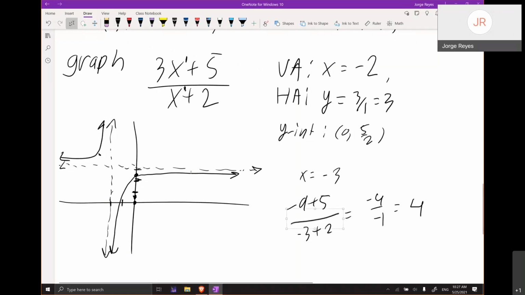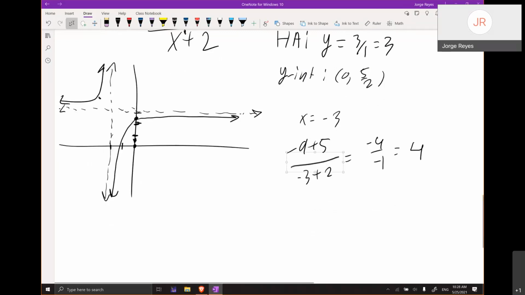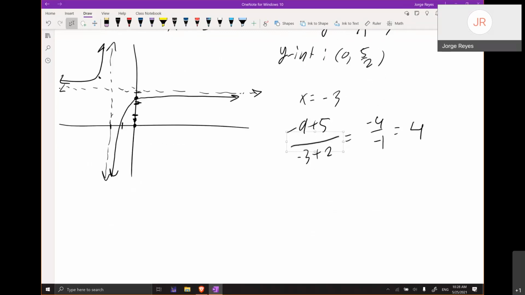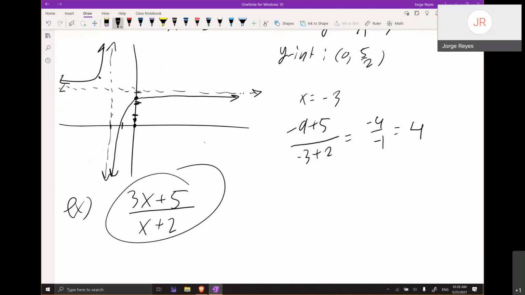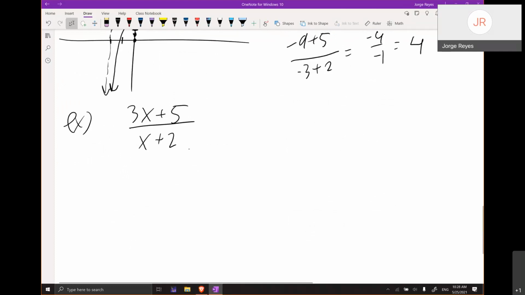But here's this graph. Now I'm actually going to show you some extremely fancy trick. Very specifically with this one, you could have done this. If you have a line over a line specifically, then what you can do, if you feel like it, is you can long or synthetic divide, it doesn't matter.